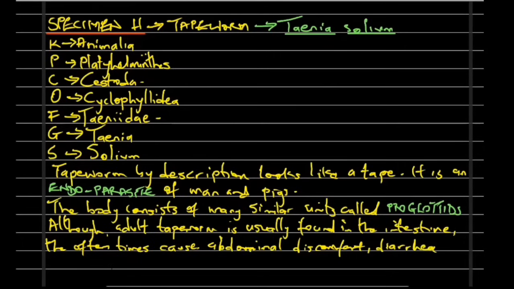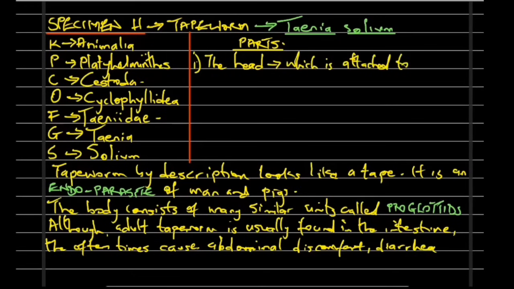Now the parts of the tapeworm. Number one, it has the head, and the head is attached to the intestines.